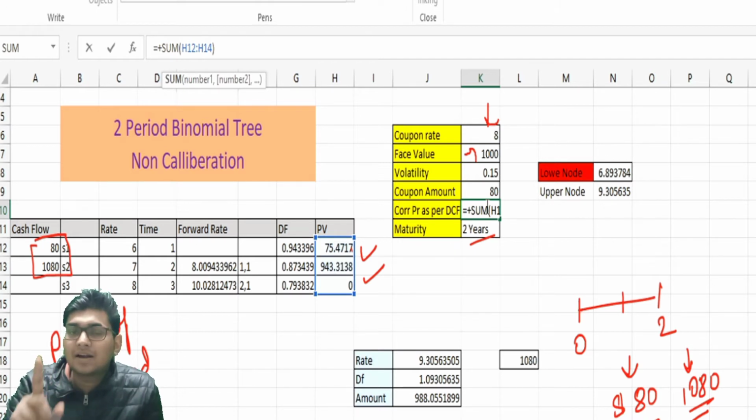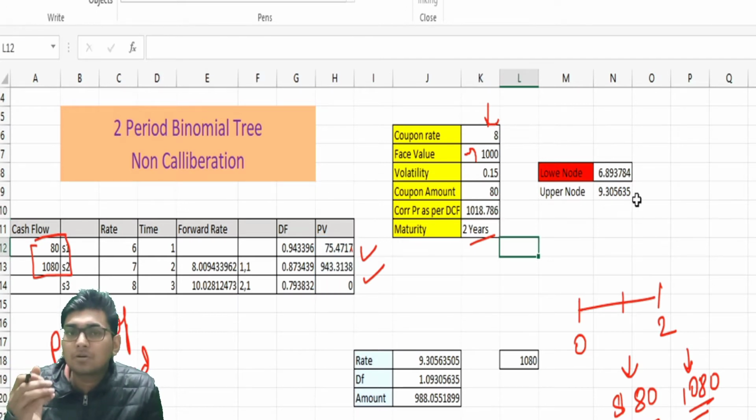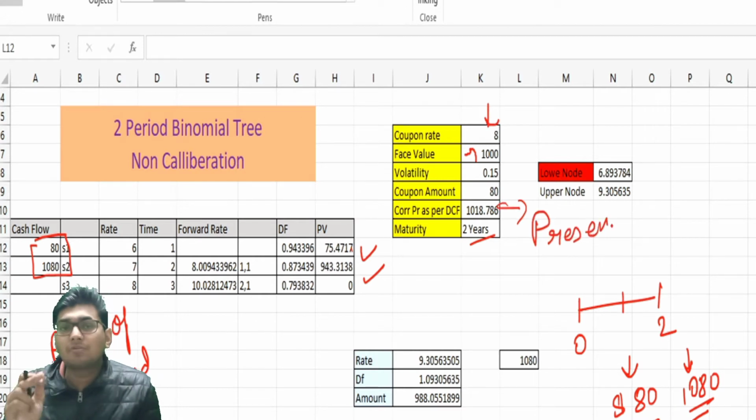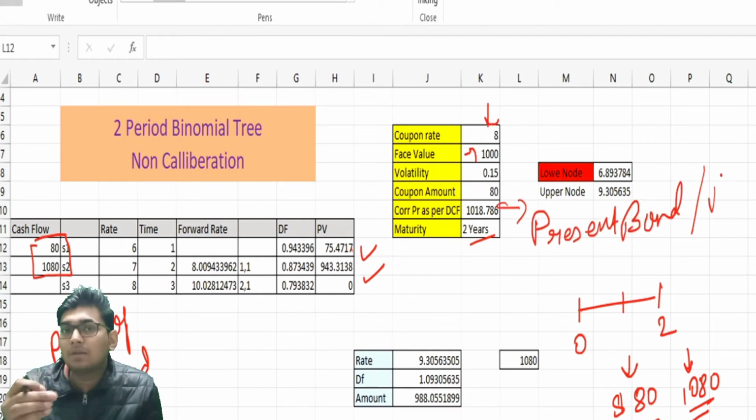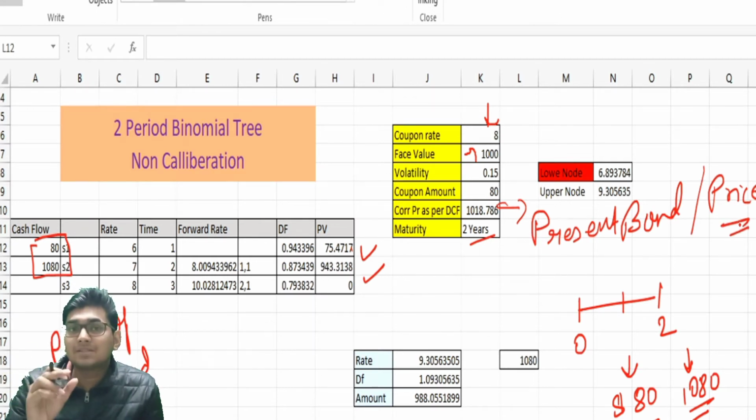And this is 110% correct, because the DCF method is accurate for the straight bond. But now I want to draw a binomial tree, and with the help of the binomial tree also I need the same price. Because if the binomial tree is giving me a different price, this means the binomial tree is wrong.